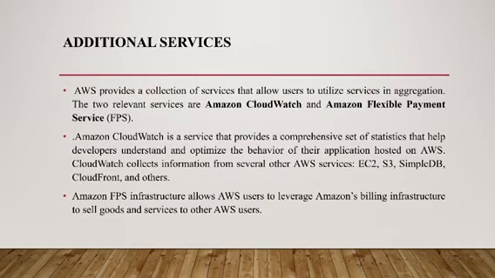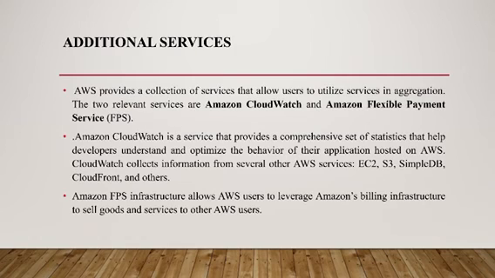The last service is additional services. AWS provides a collection of services that allows users to utilize their services. In these additional services, there are 2 services, Amazon CloudWatch and Amazon Flexible Payment Services. Amazon CloudWatch is a service that helps developers to understand and optimize the behavior of their application based on AWS.